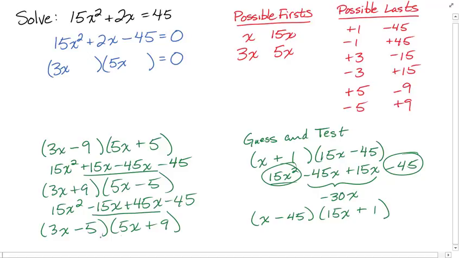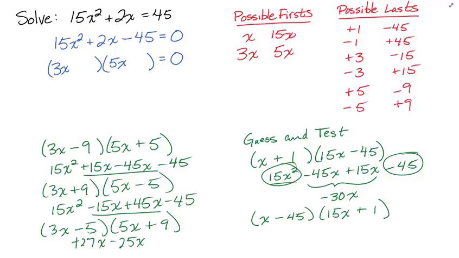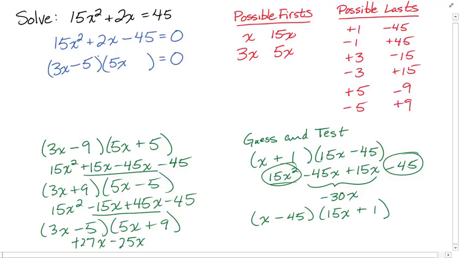That works. Outer is a plus 27x, and inner is a minus 25x. Look at that, that's going to turn into a plus 2x. So that turns out to be the correct way to factor this: 3x minus 5 and 5x plus 9.